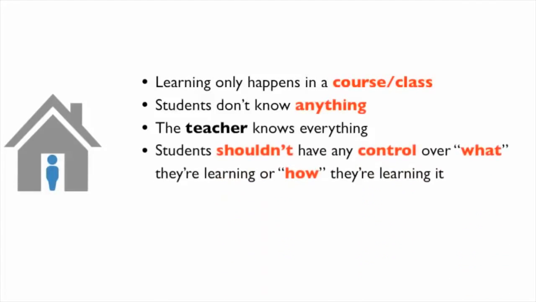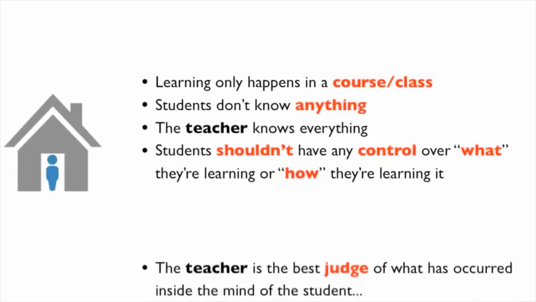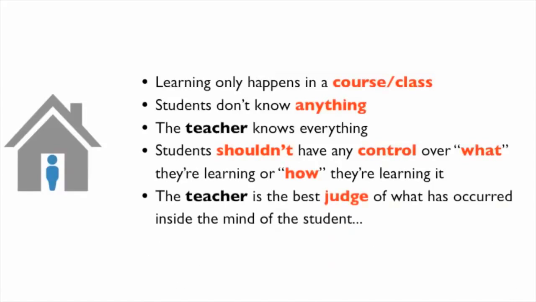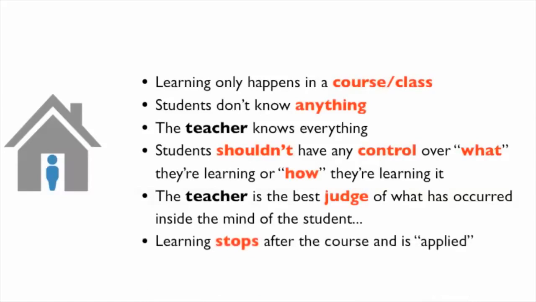The teacher knows the best way that students learn. And by the way, it's often the same for everybody. And the teacher is the best judge of what has occurred inside the mind of the student. Once the student has completed the course, they know the content, the learning stops, and they can now apply that learning or that knowledge to the real world.